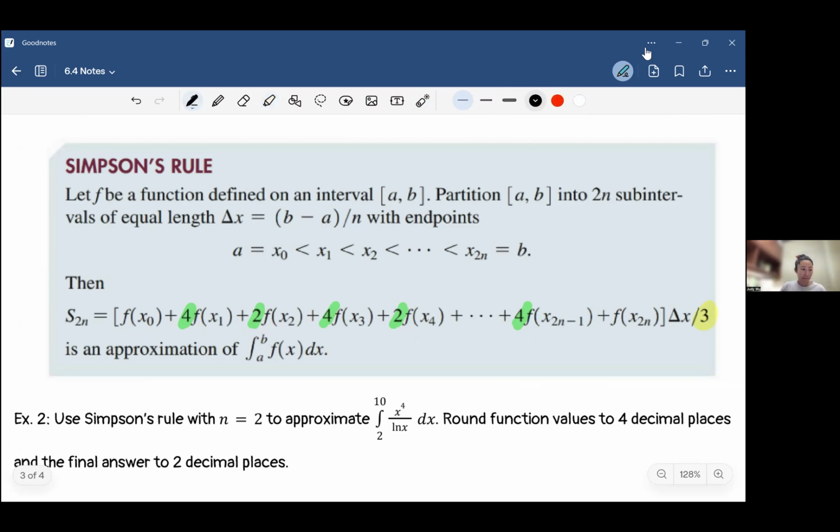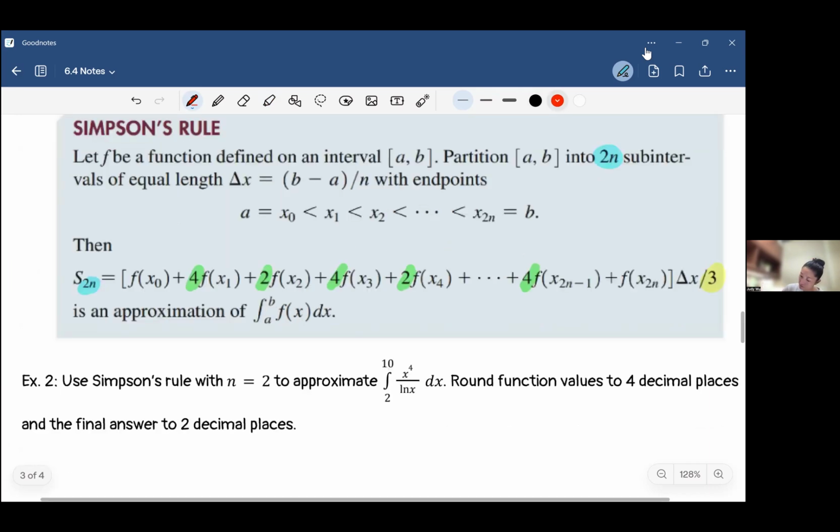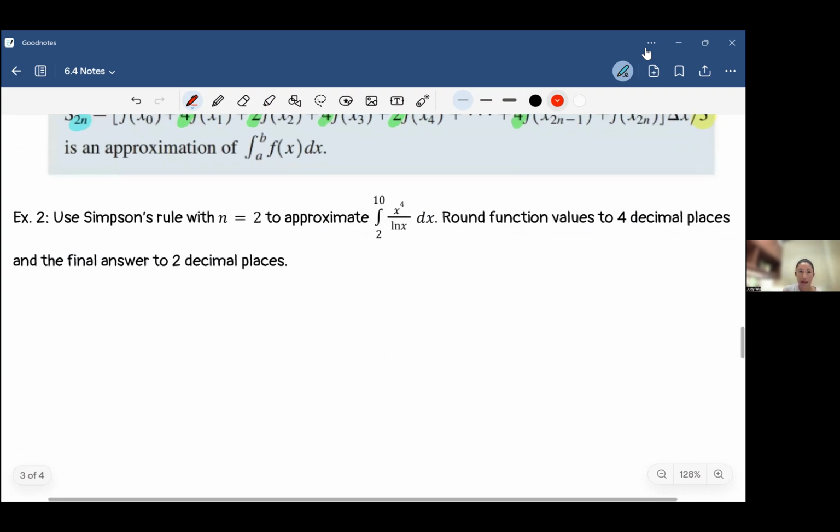One last thing to note is that we have 2n here instead of n, so S of 2n. But ultimately, we're going to follow pretty much the same steps. We'll just plug it into a different formula at the end. So, example two.